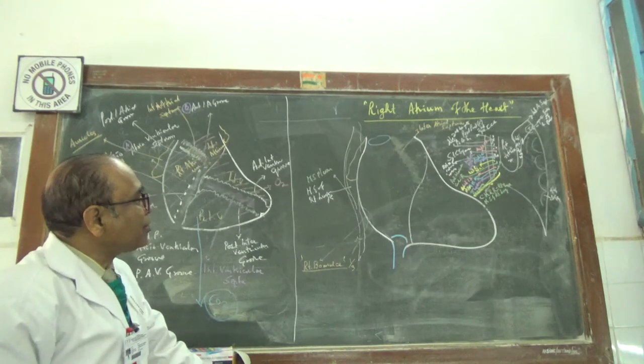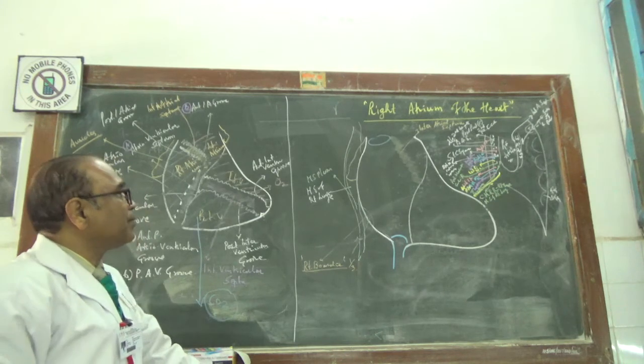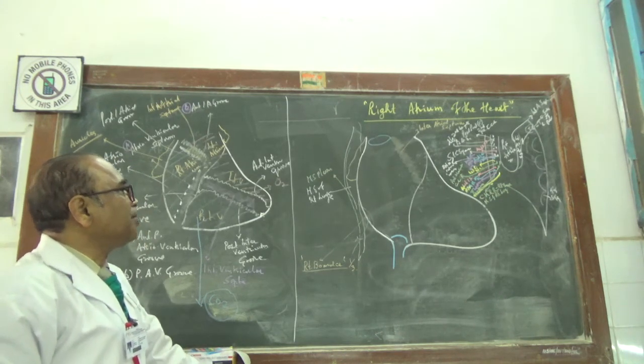A few structures are interposed between the mediastinal pleura and the pericardium.